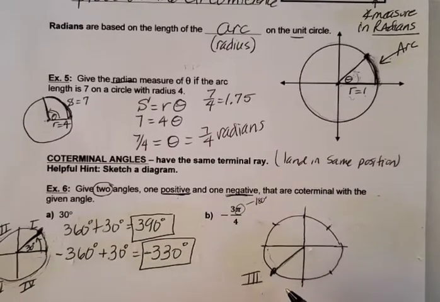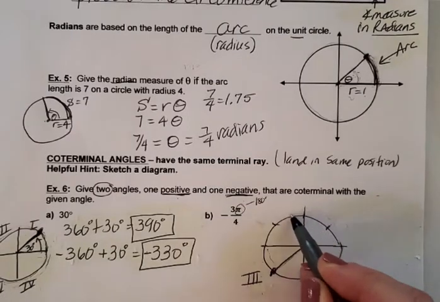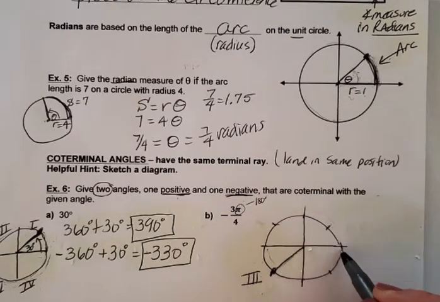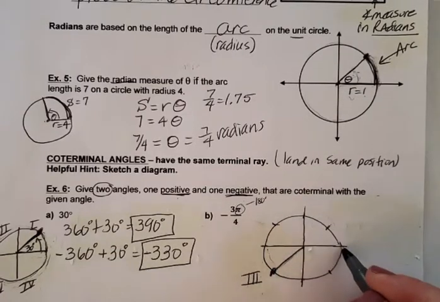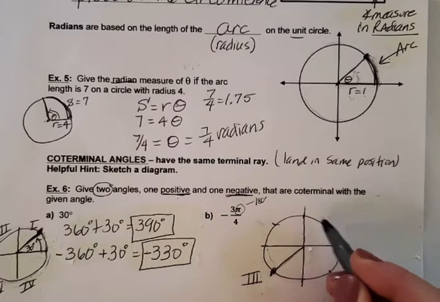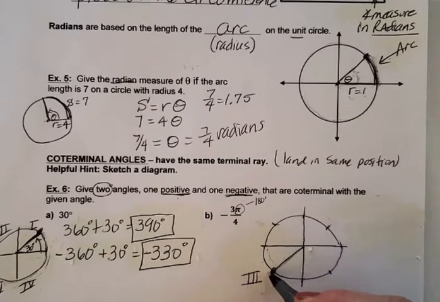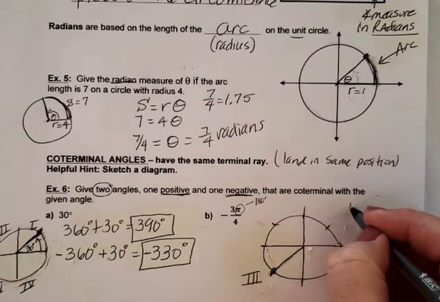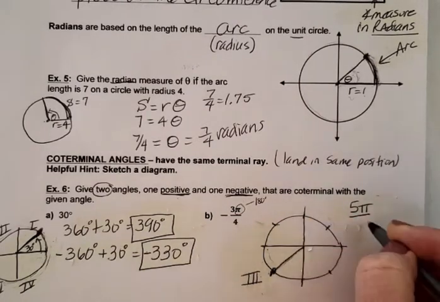So what other angle measure will land us in this position? Well, let's think of a positive angle measure first. So positive angle measure, again, I took pi, or 180 degrees, and broke it up into fourths. That would give me 1/4 of pi, 2/4 of pi, 3/4 of pi, 4/4, 5/4 of pi, or 5 pi over 4, going counterclockwise.